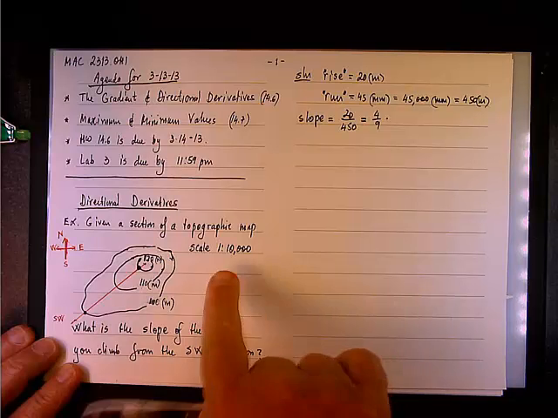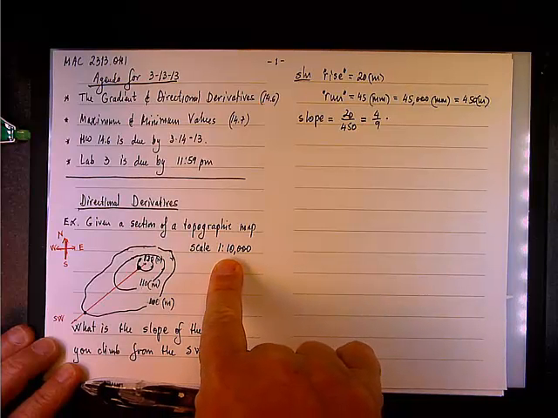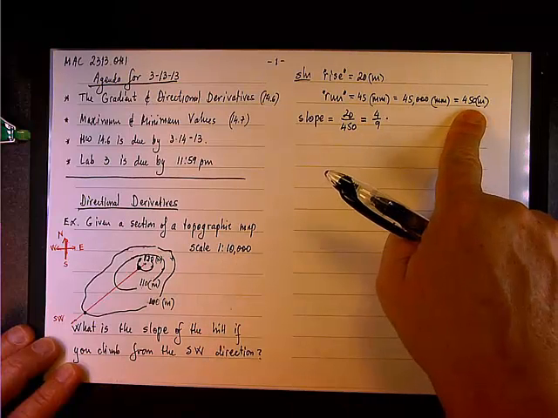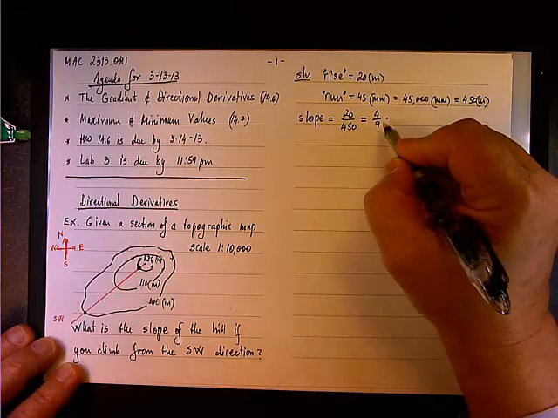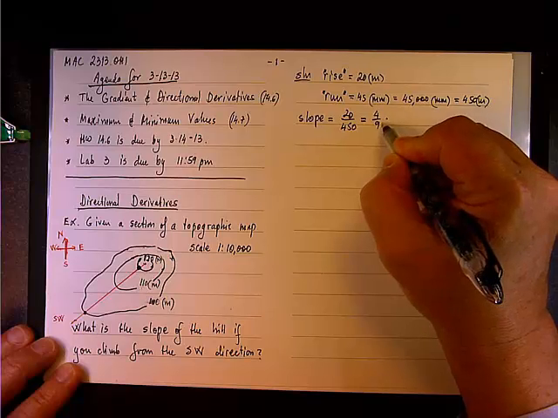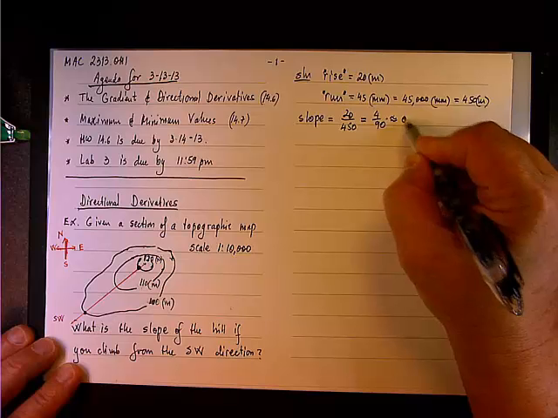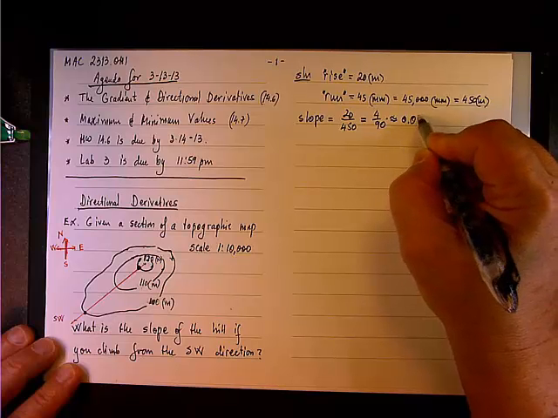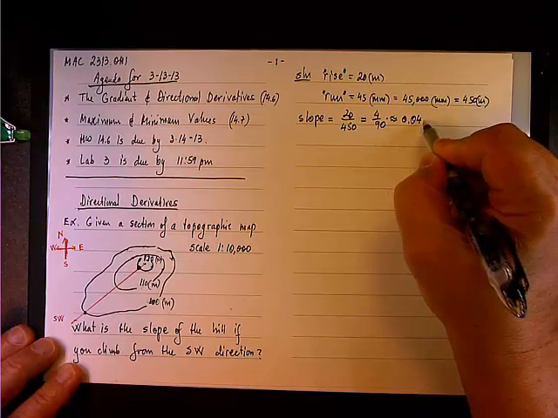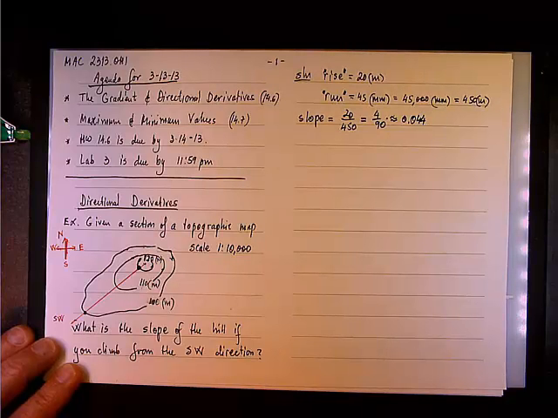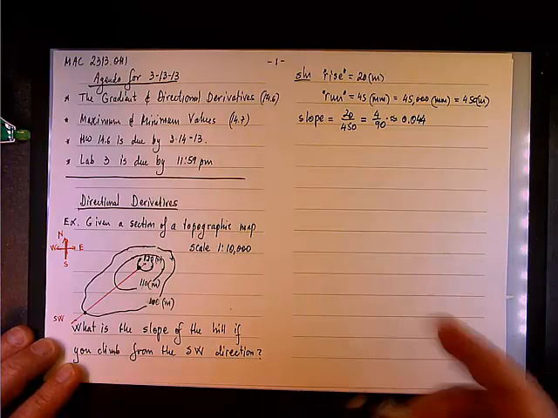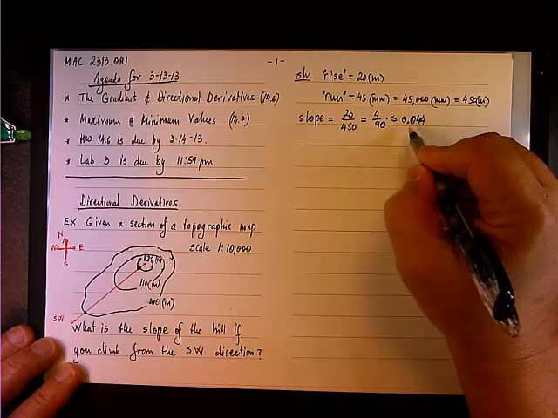Actually, this is 450 meters, because each millimeter is 10 meters. So it translates to 450 meters, so it's 4 divided by 90. And I think if you put it in the calculator, it will be 0.044 repeated, right?